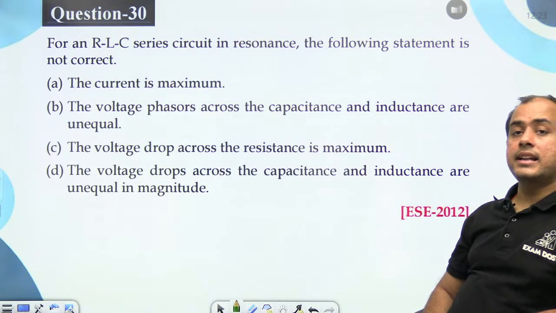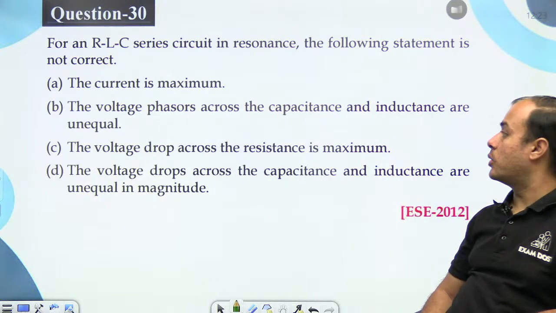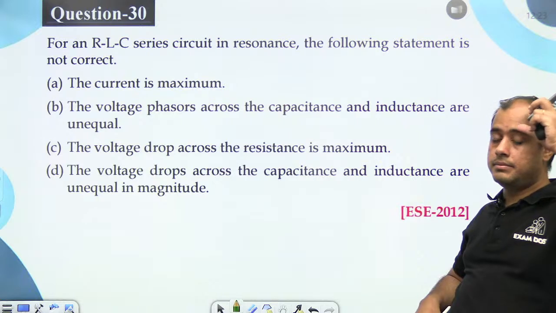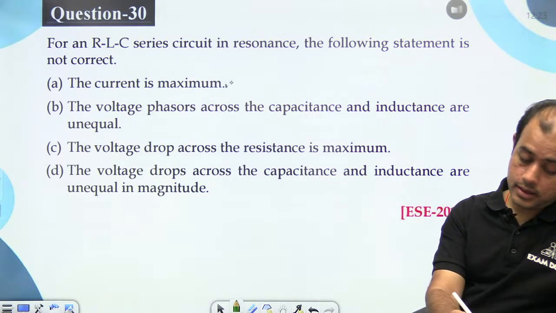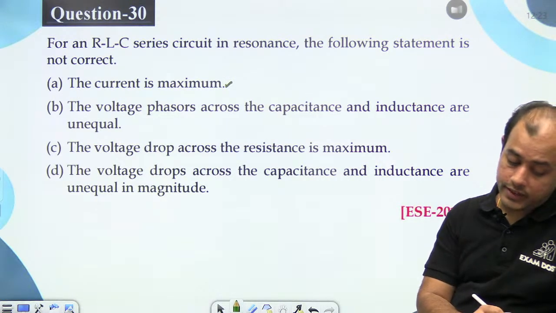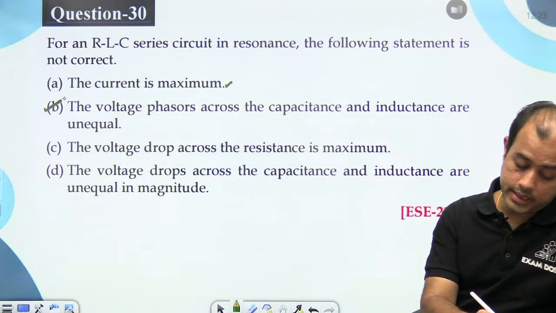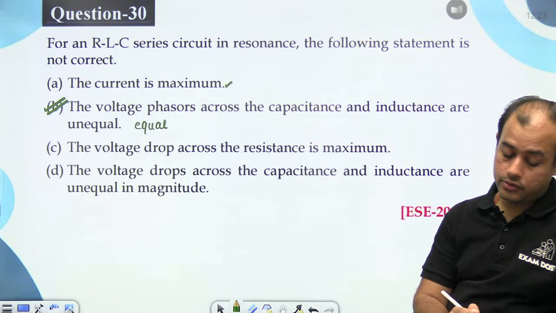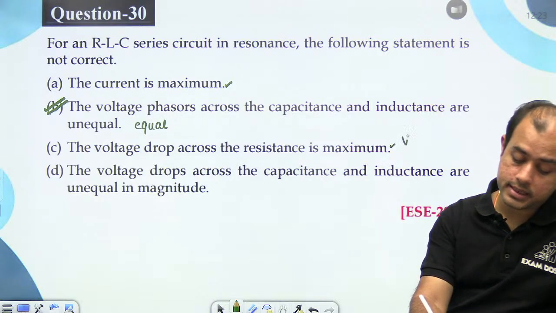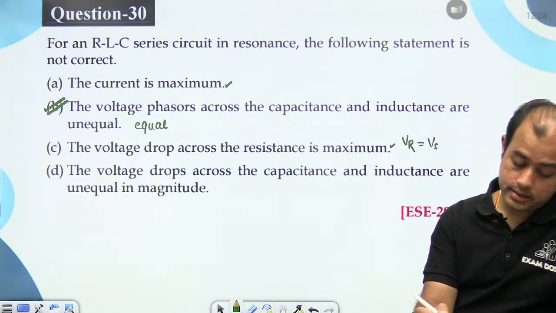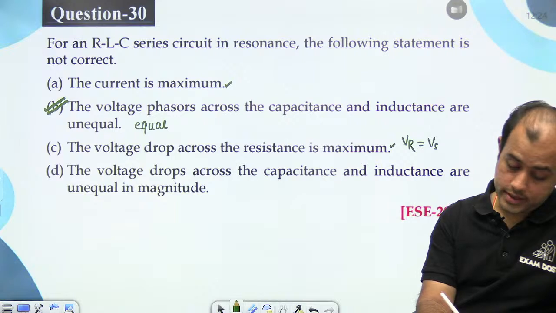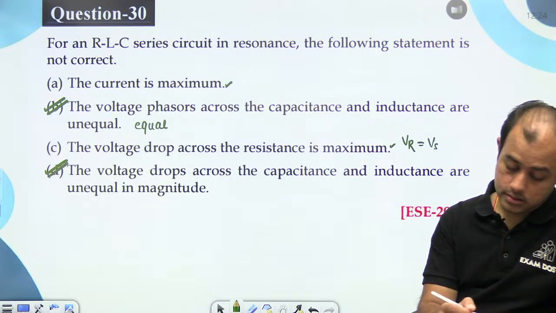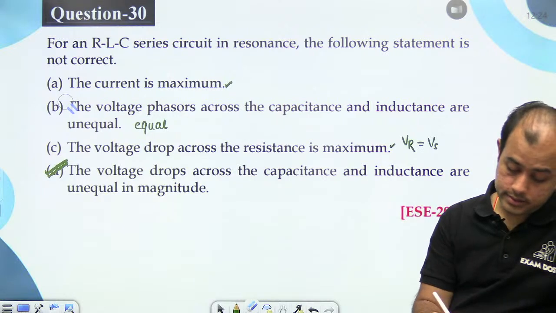For a series RLC circuit in resonance, the following statement is not correct. Current is maximum, yes. Phasors across VL and VC are unequal? No, they are equal, that is why they get cancelled. Voltage drop across resistance is maximum, yes, VR is VS. I think the last one is correct.